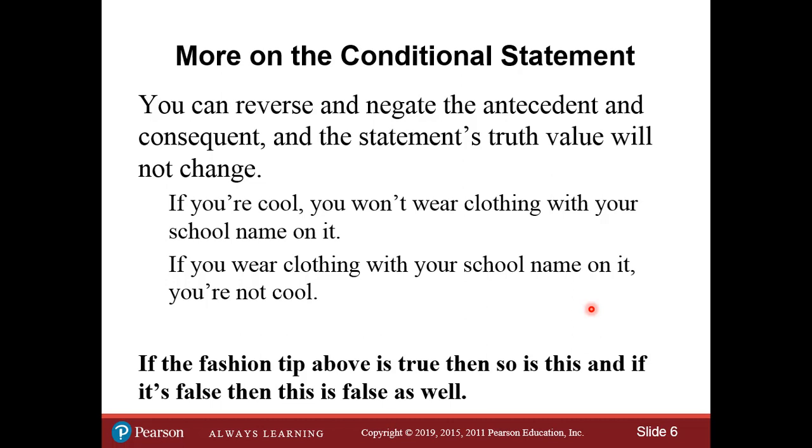Okay. So for example, if I say, if you're cool, you won't wear clothing with your school name on it. Right? So there's your P. Let's say P is you're cool, and Q is you won't wear clothing with your school's name on it. So this would be P implies Q.